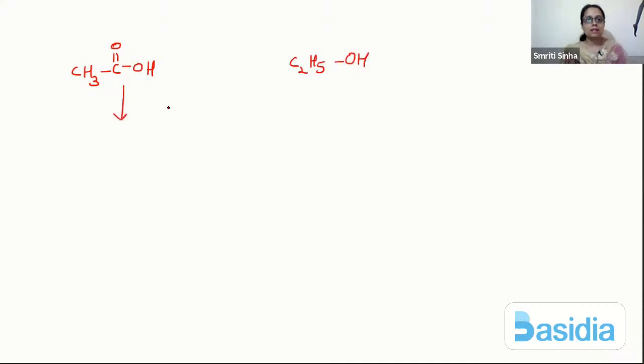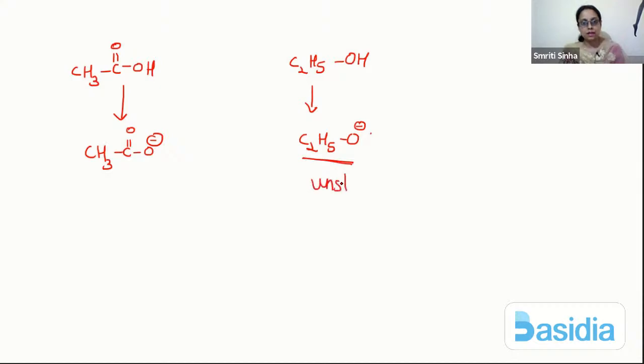Now both are acids, so suppose both donate their H plus. Now both have donated their H plus, but this ethoxide ion is an unstable conjugate base, and therefore it is a strong base.